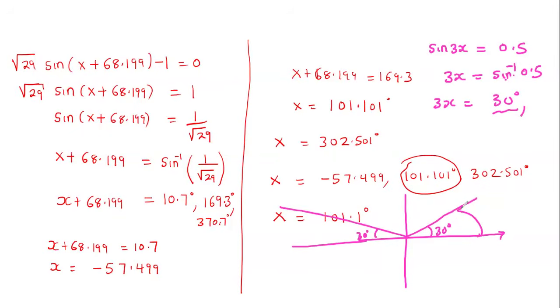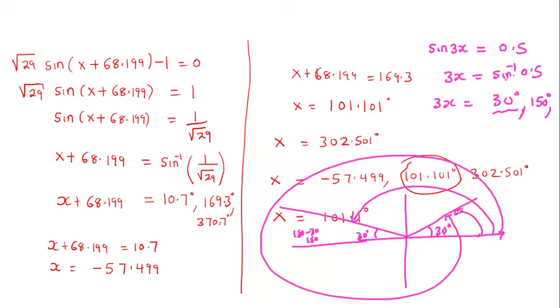The first angle you meet is 30. Move. The next angle I'm going to meet goes from here up to here, which is 180 minus 30, which is 150. So the next angle is 150 degrees. Continue moving. I move from the first starting point and come up to when I meet here. Now the next angle is 360 plus 30, which is 390 degrees. Continue moving.